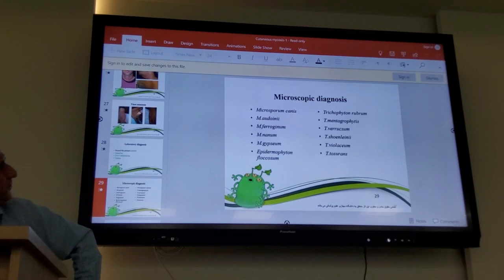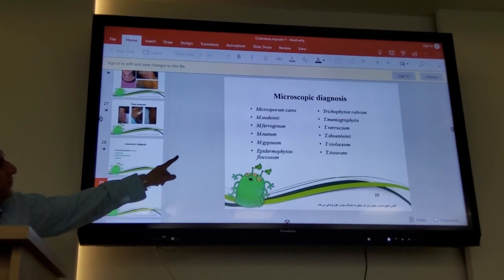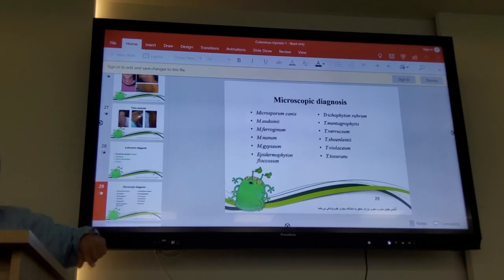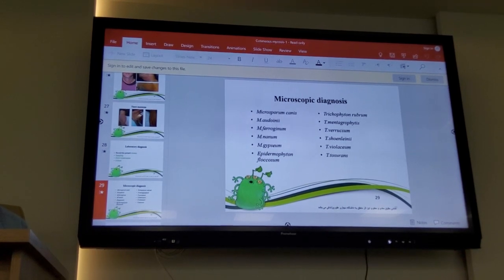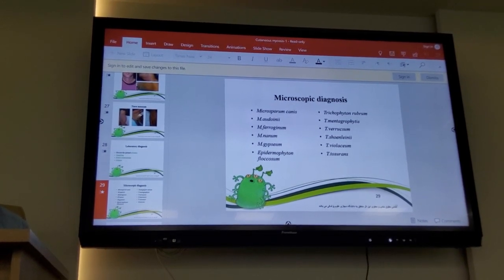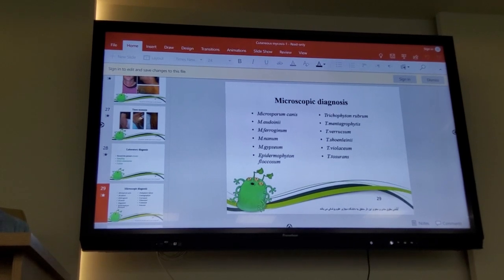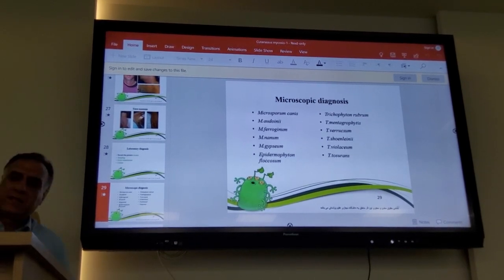And Trichophyton violaceum and Trichophyton tonsurans have an anthropophilic, human source, and lead to the endothrix form of tinea capitis.